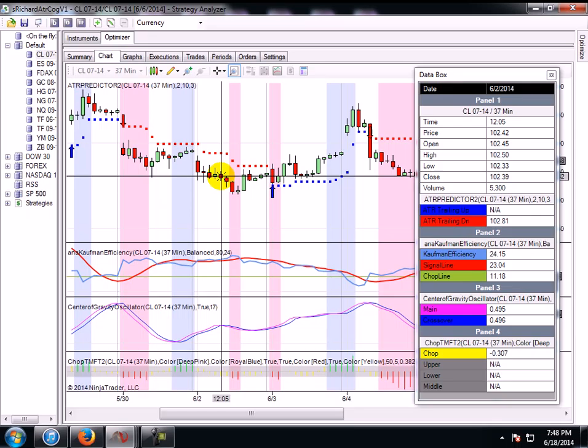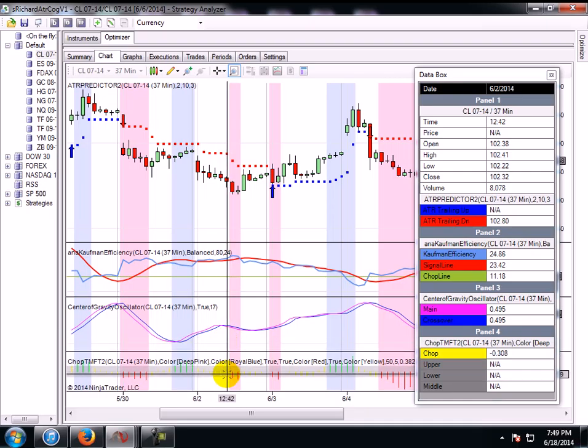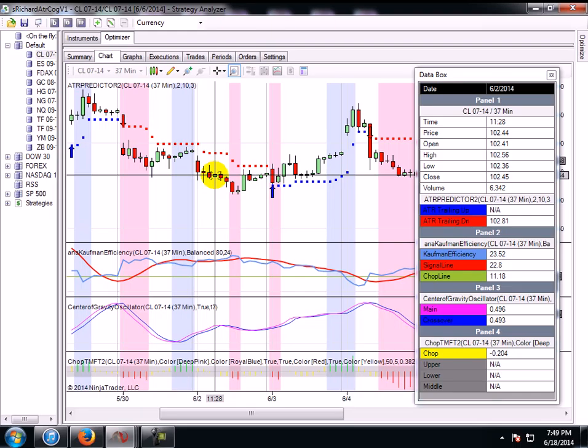I can't get this to activate here, or maybe the numbers just haven't changed.